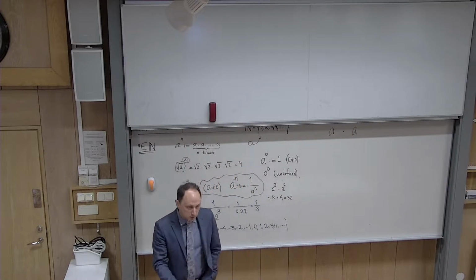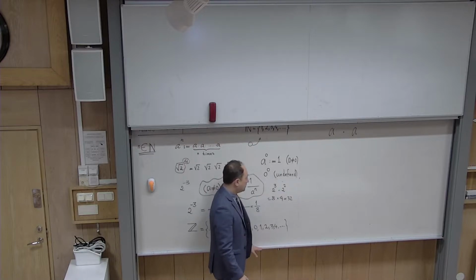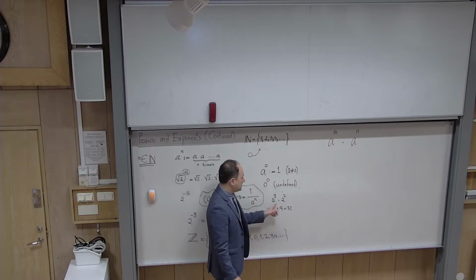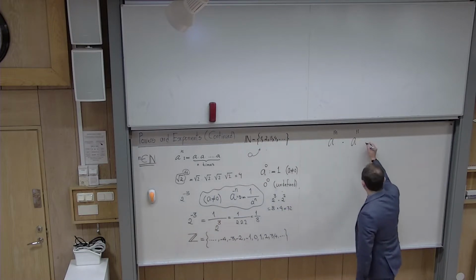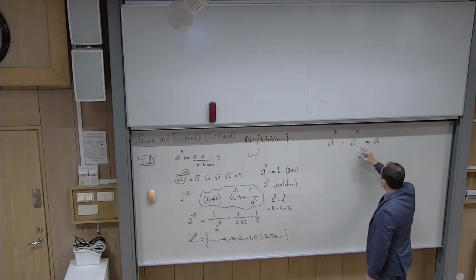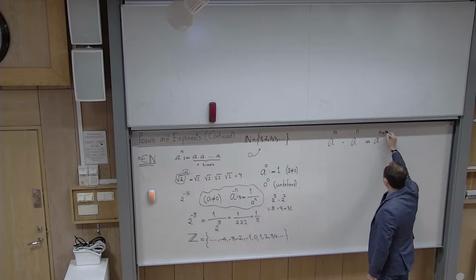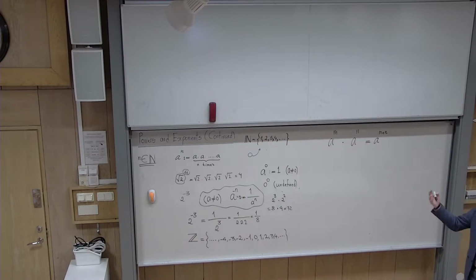Remember, this is not my goal. My goal is not to calculate this. My goal is to write this in a slightly different way. What I want to show you is that you can, if you want to, write the same base, but add the exponents. Yes? So be careful. I haven't calculated anything.